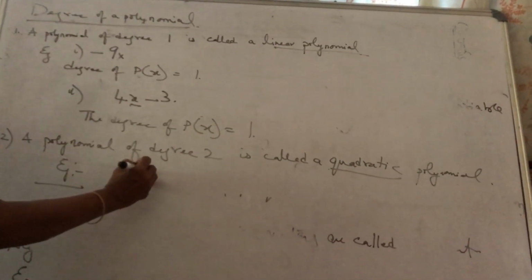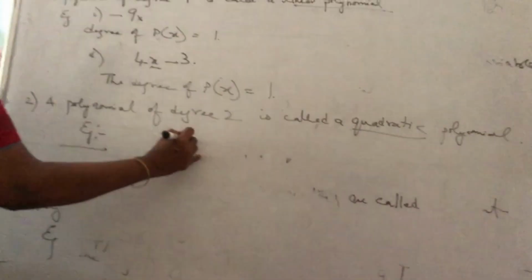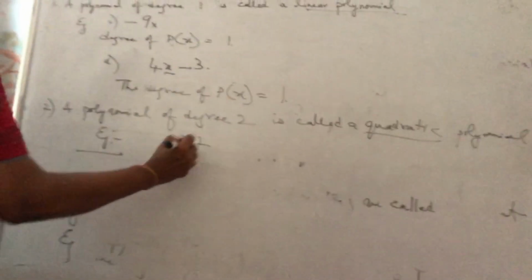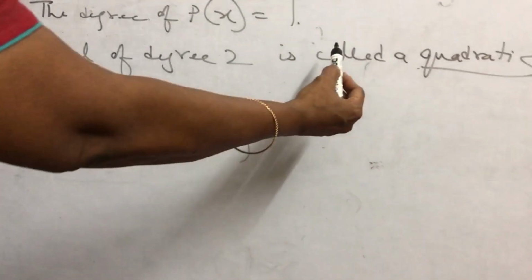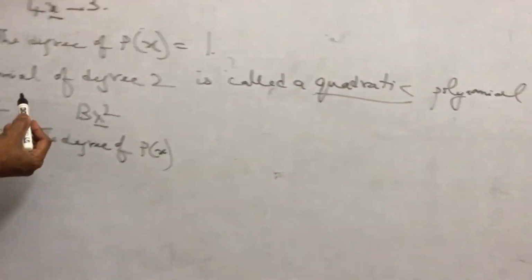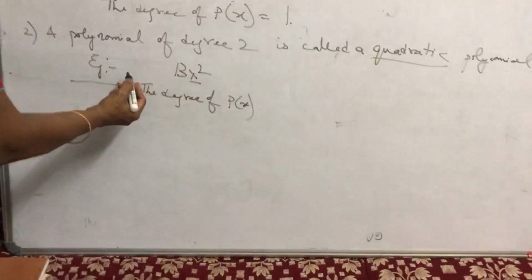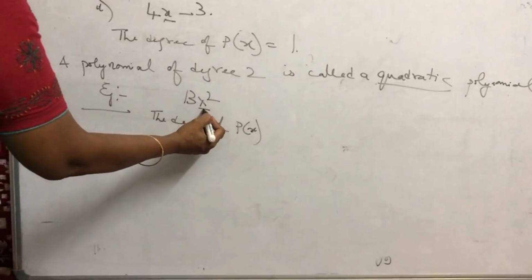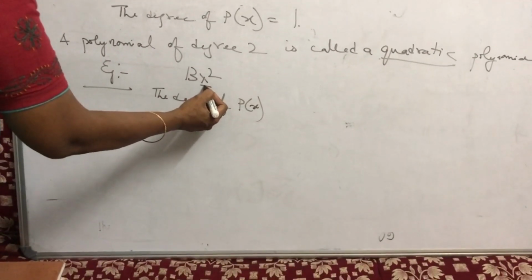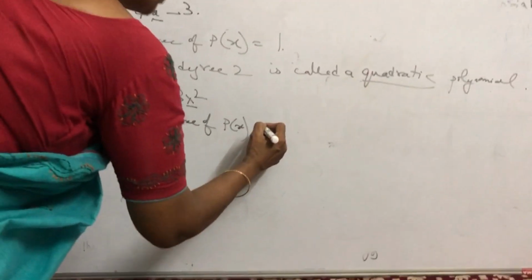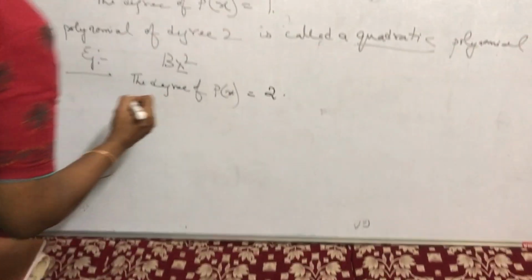Example, 13x squared. The variable is x. The power is 2. The degree of p of x is equal to 2.